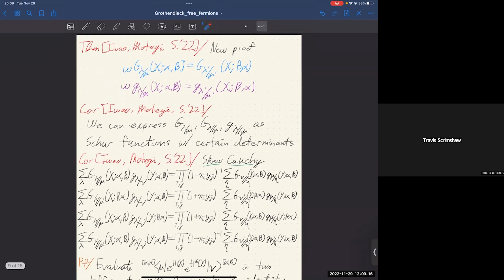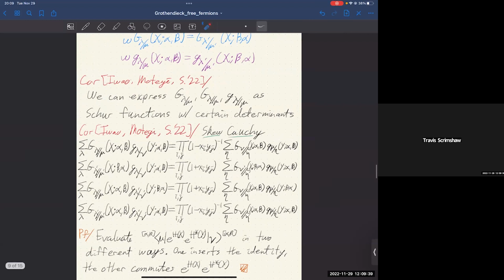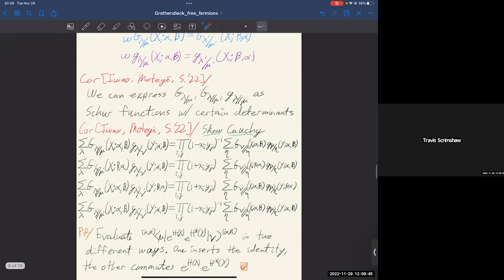And so this is basically a trivial consequence, again, by just inserting an identity operator. Hwang et al. used this Schur decomposition to note this as a consequence. And their proof was combinatorial, plethystic, as well as algebraic, doing a lot of manipulations that way.